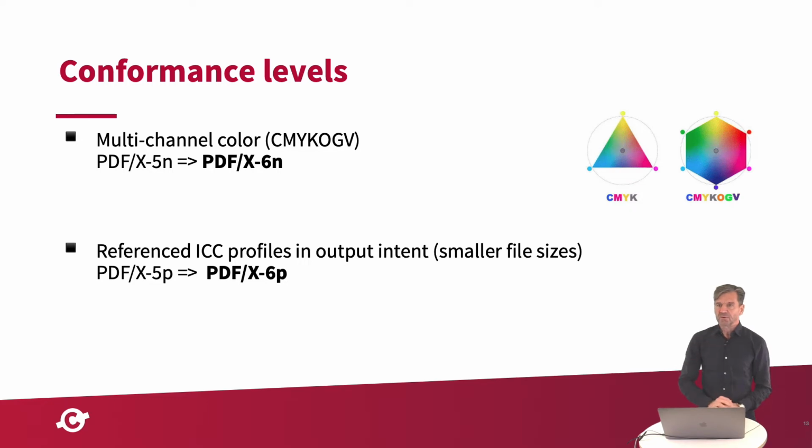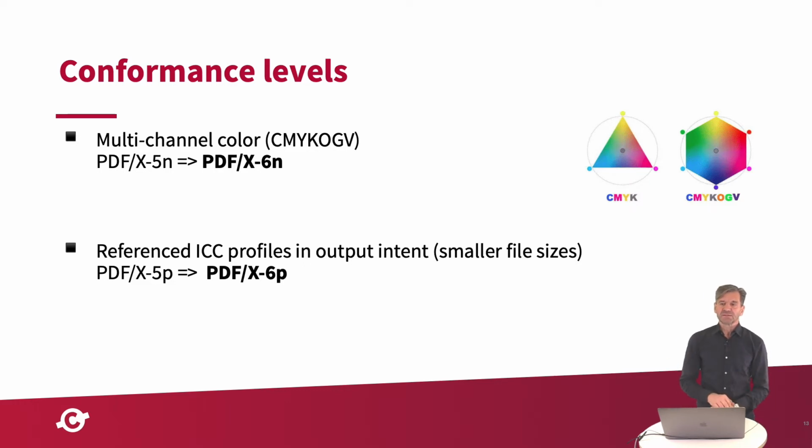For instance, 7 color space, CMYK, OGV, or other color spaces where, and that is only important if you would mix these colors, you would want to have an ICC-based output intent with an ICC profile that uses more than just CMYK or different process colors than CMYK.